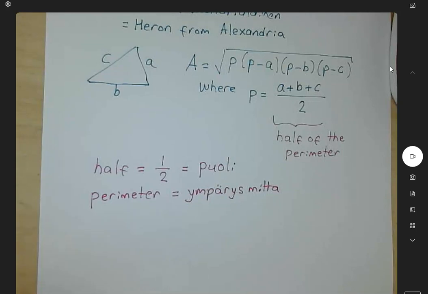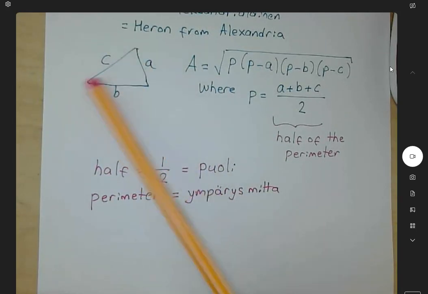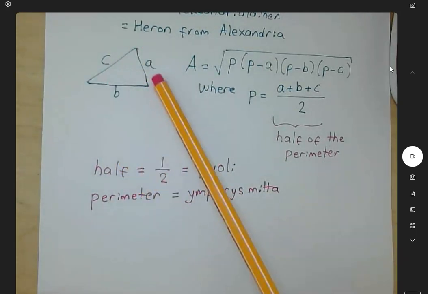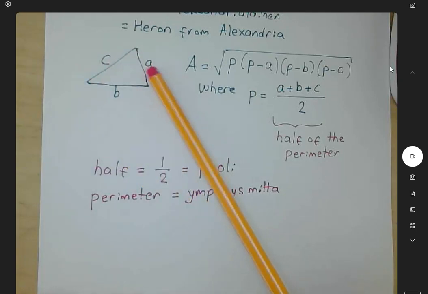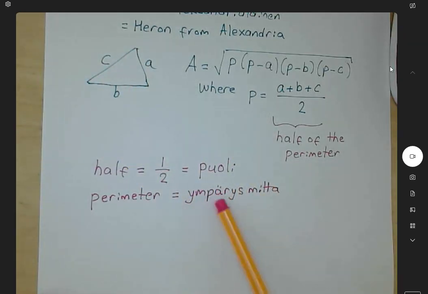So it means that it is the length of this border which is around this triangle. So this is perimeter, ympärysmitta.